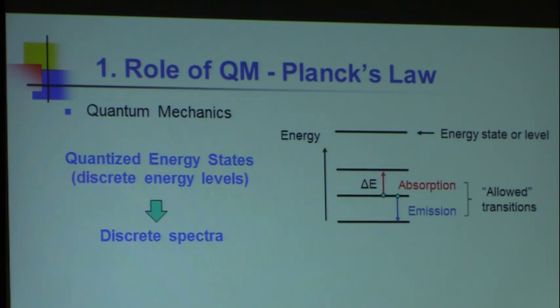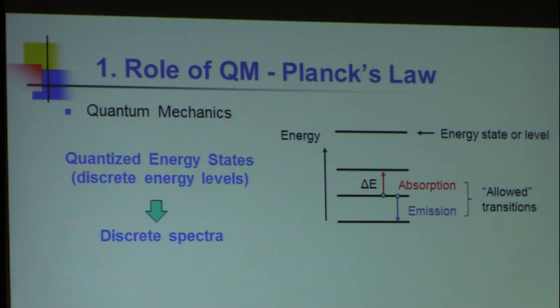Now, the role of quantum mechanics is Planck's law. If we are in a quantum state that has this much energy, there's no meaning to the horizontal axis, only the vertical direction of energy. If we're residing in this quantum state and undergo an absorption of light, we go to a higher quantum state. If we undergo a spontaneous emission of light, we go to a lower quantum state. And we can only go where quantum mechanics allows us to go.